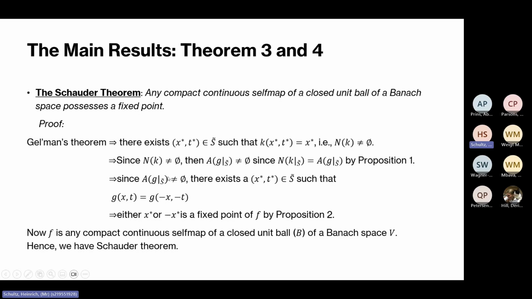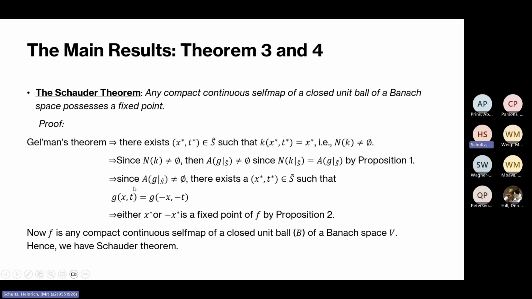Since NK is non-empty, we can deduce that the set AG across S tilde is non-empty, since we've already established by Proposition 1 that the set NK is equal to the set AG.